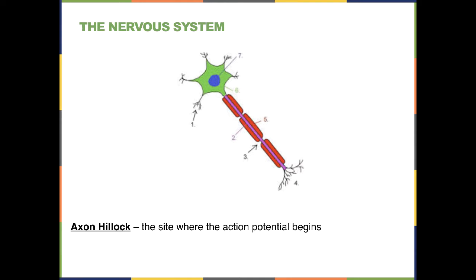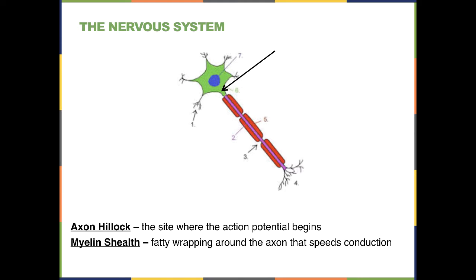The axon hillock, you remember that I pointed that out a couple of slides ago. This is the site where an action potential for this neuron would begin. And again, you remember it's right there. The myelin sheath is wrapped around the axon. It's a fatty wrapping. It comes from a cell called a Schwann cell in the peripheral nervous system, and the Schwann cell itself actually wraps itself around the axon.